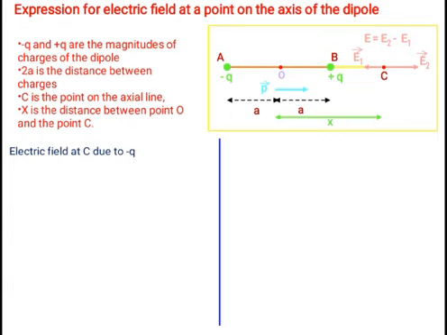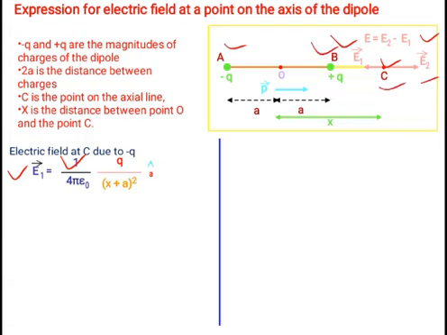Using the same formula here, 1 divided by 4 pi epsilon naught is a constant value. Instead of E, we have to consider E1 and E2, because two electric fields are there. To avoid confusion, E1 is the electric field between C and A, and E2 is the electric field from B to C.